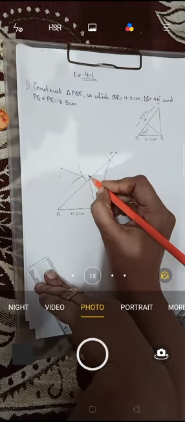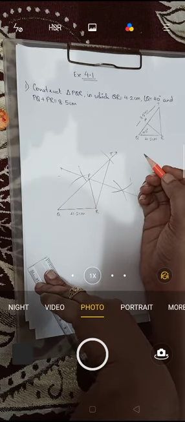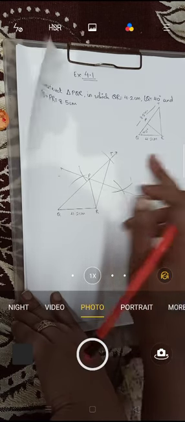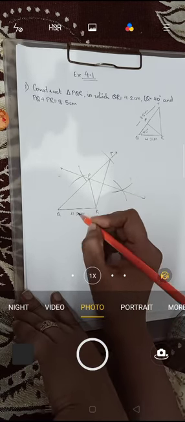So this will be your P. Okay, so this way you will construct the triangle.